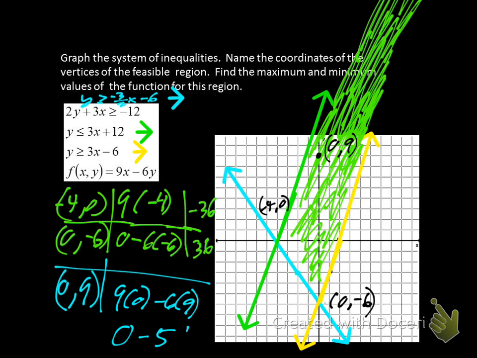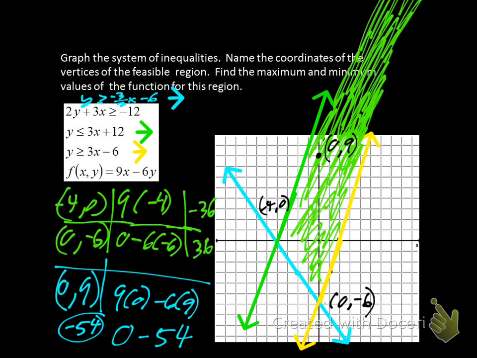Sorry, so you get negative 54. So, when you plugged in 0, 9, we got a value of negative 54, right here.